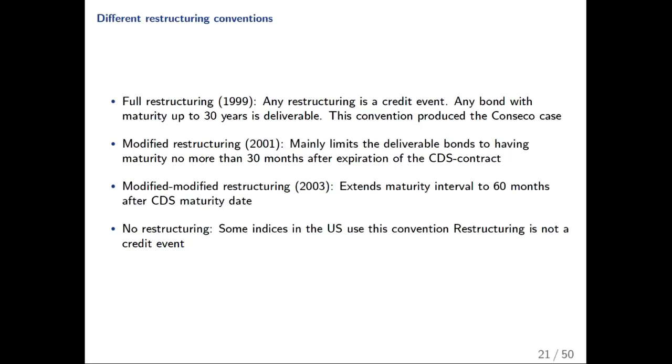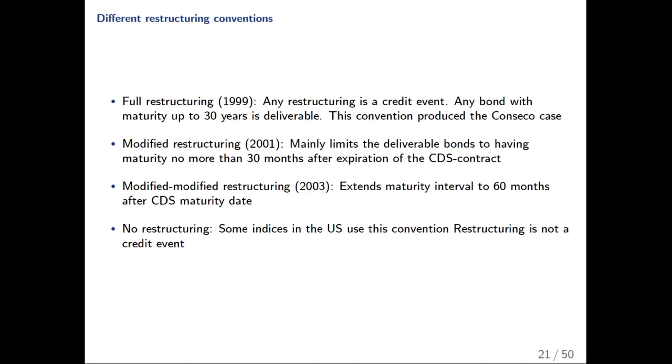This has subsequently been modified again, extending the maturity up to 60 months after the maturity date. And now in the US, companies can restructure and there cannot be a credit event triggered at all.